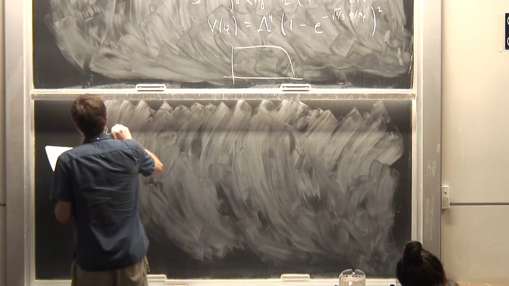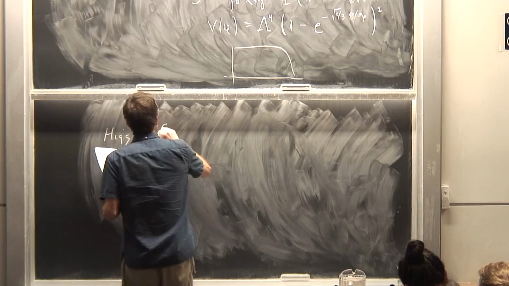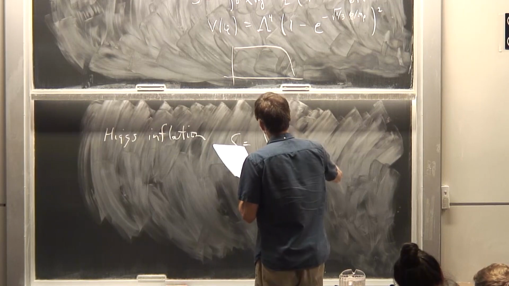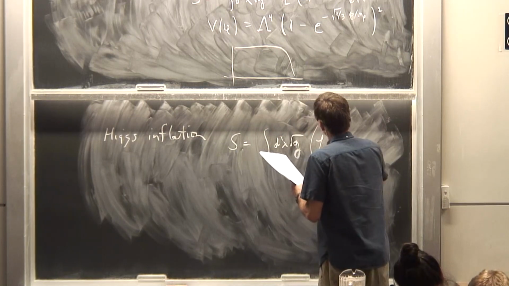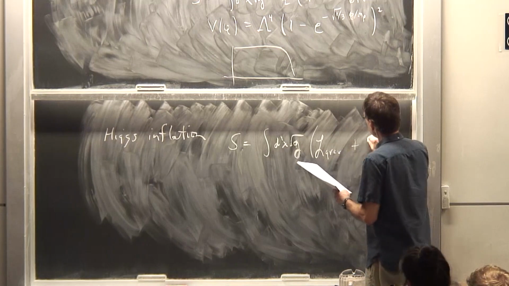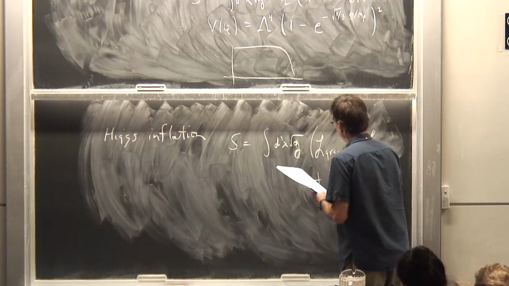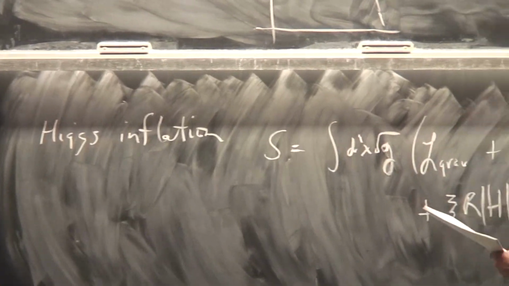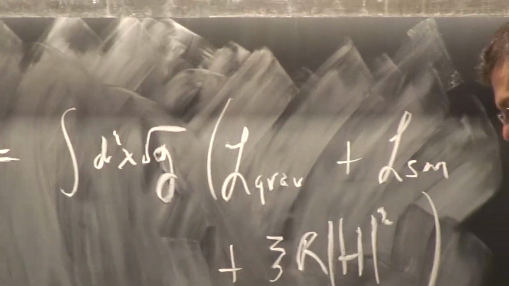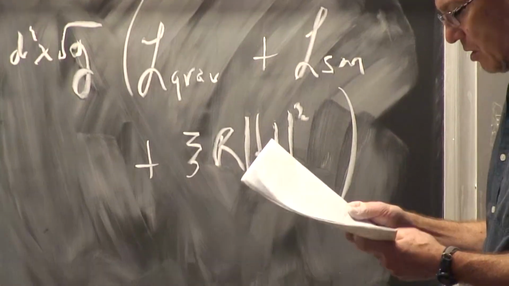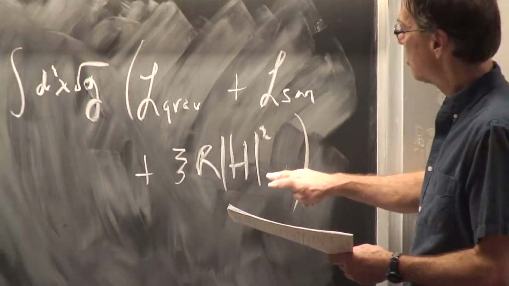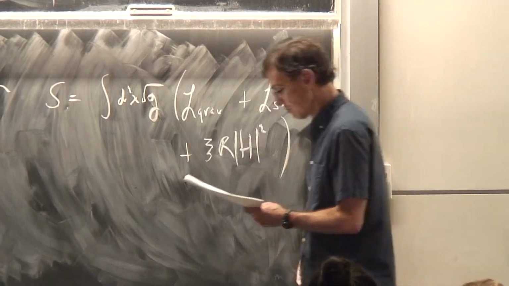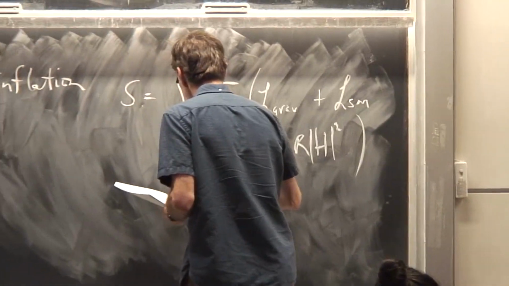But if you add an extra term coupling the Higgs field non-minimally to gravity, so we have the gravitational action, the standard model action, and if you add this non-minimal coupling of the Higgs field to the Ricci scalar, then this turns out to have the same potential as R squared inflation. So it's kind of equivalent mathematically.